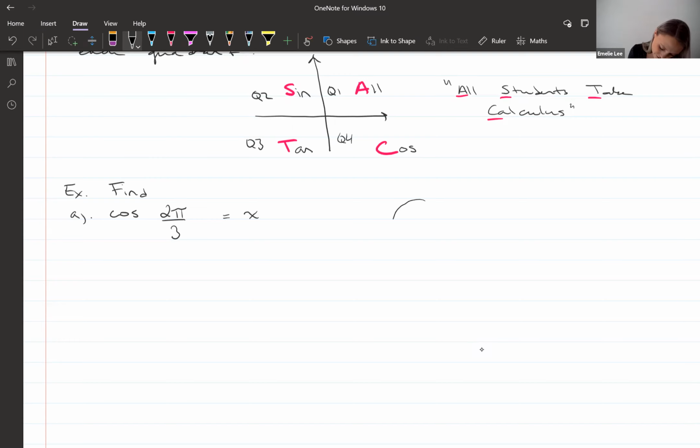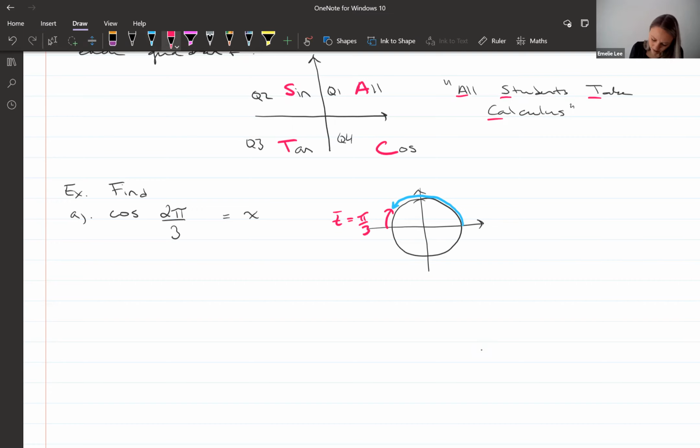And if I do my unit circle here briefly, 3 pi over 3 would put me at the halfway mark at pi, but it looks like I'm just pi over 3 shy of a half moon. So I have a reference number of pi over 3. Notice that I'm in Q2.